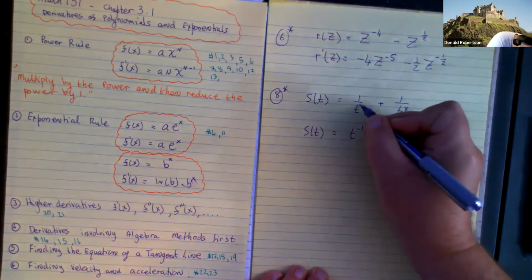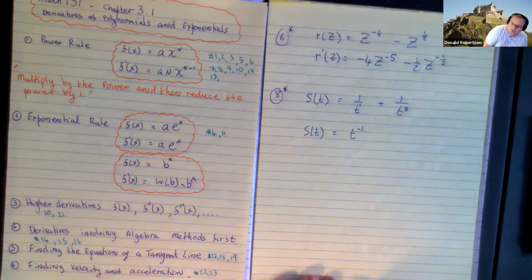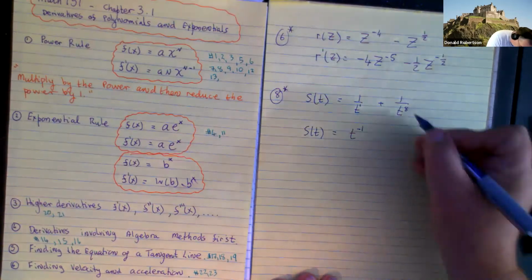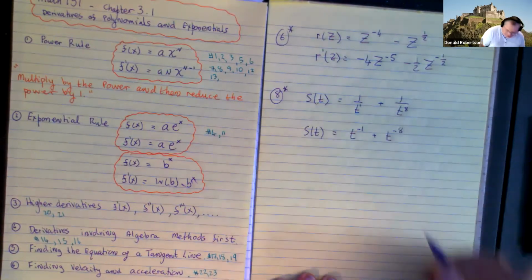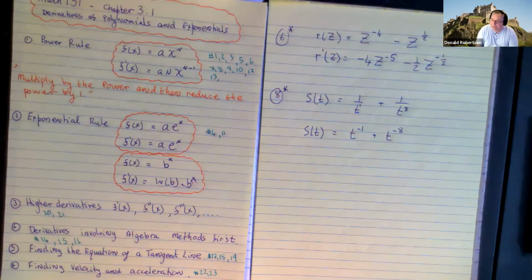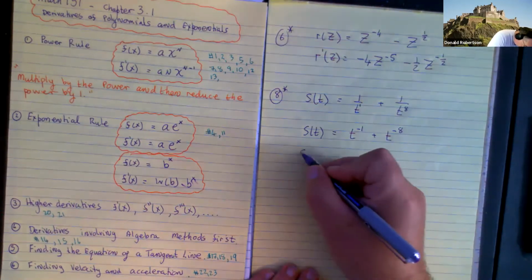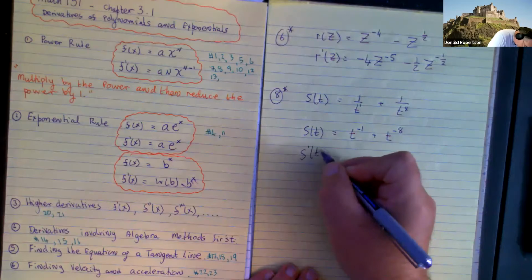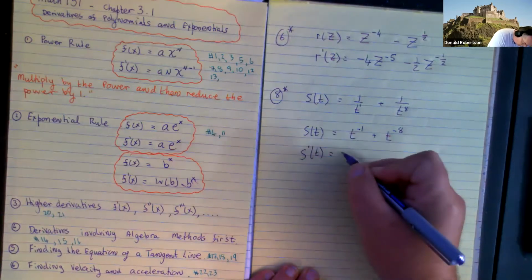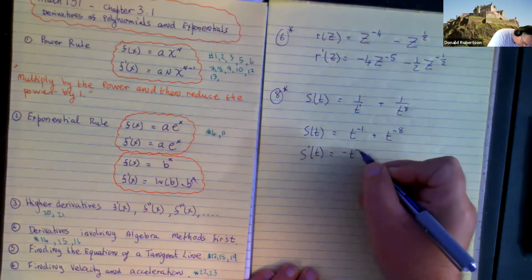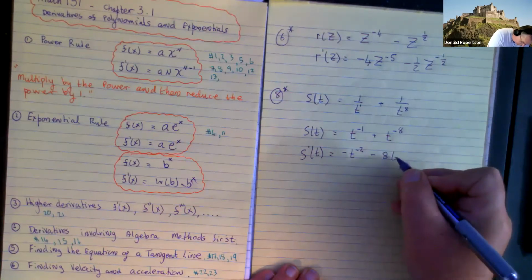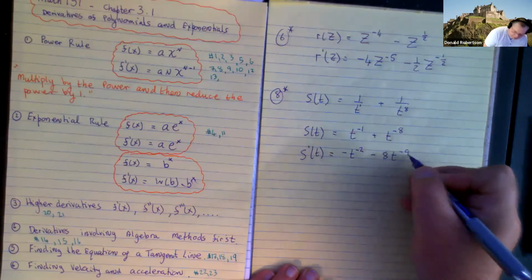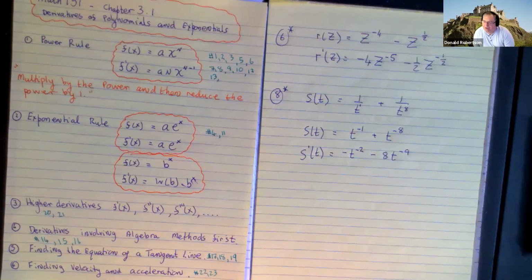If it helps, can you think of it as 1 over t to the 1? And 1 over t to the 8 gets me t to the negative 8. Now we want to differentiate this. Multiply by the power and reduce the power by 1. That's the power rule. That's the derivative.